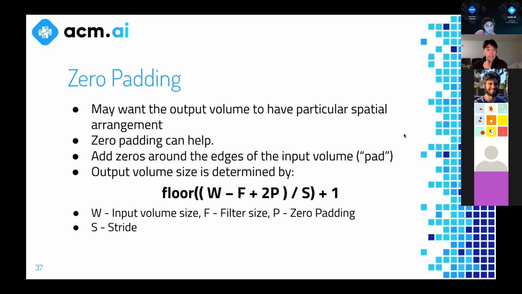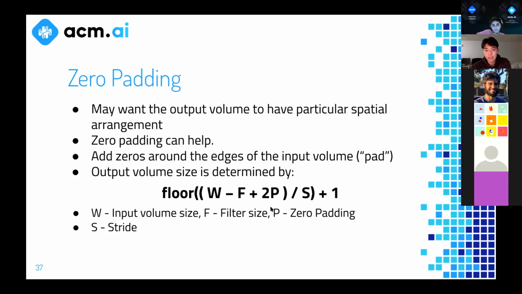Zero padding is something that we can append to our image, and we'll see this in the next slide. The motivation behind it, let's get into when we look at the visual, but let's just look at this closed form function for our volume size.